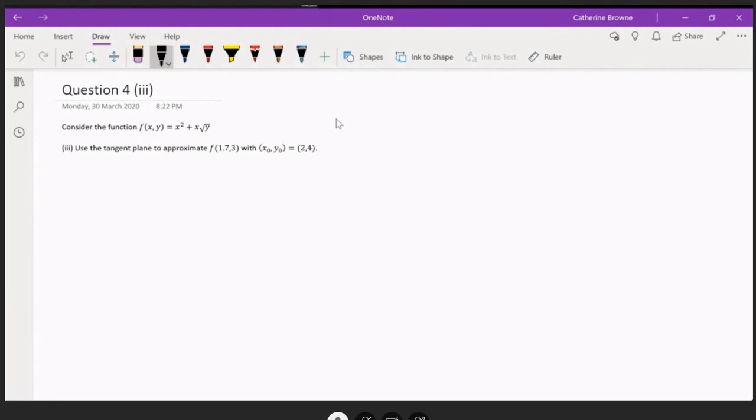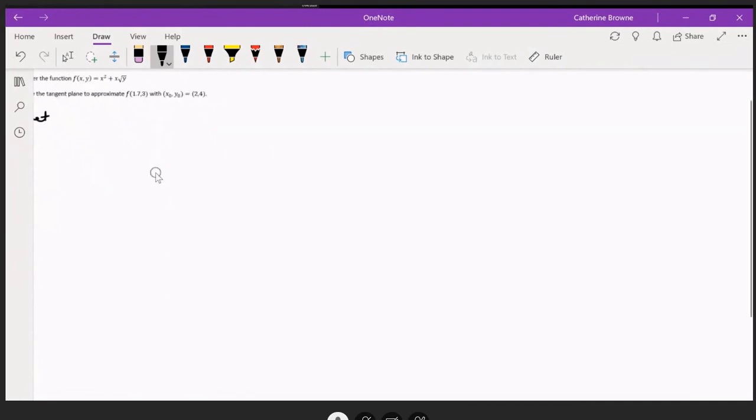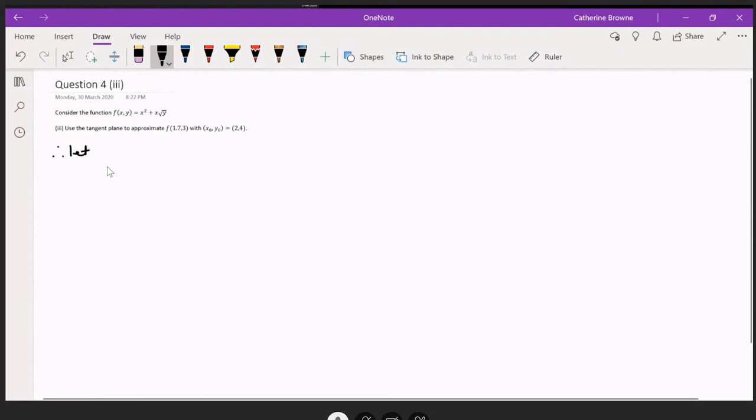Yeah, cool. So we'll do the same again. So this time we let (x, y) still be equal to (1.7, 3), but this time x naught, y naught is equal to 2, 4.